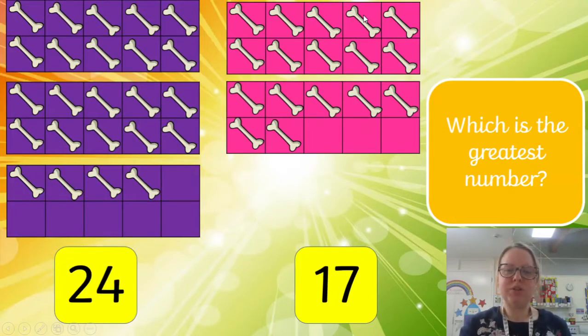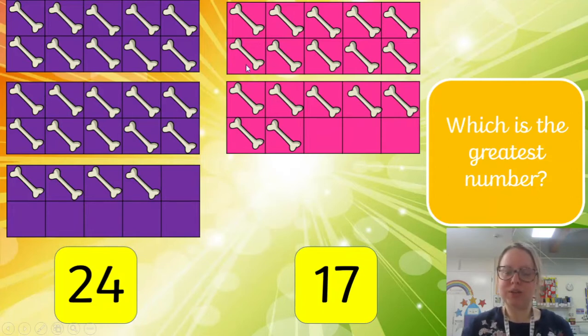Which is the greatest number? Have a look at the bones. Figure out which is the greatest number and write that number down in your book for me. So this was a really quick one to work out because we can see that this number here has more bones because it has 2 lots of 10, doesn't it?